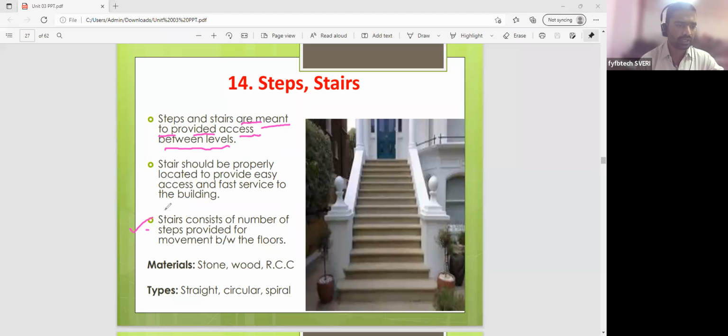Next, write this. Stairs should be properly located to provide easy access and fast service to the building.